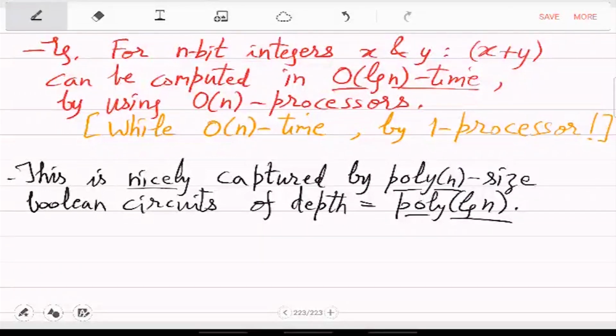Okay, so poly n size and poly log n depth. This is like time, and size is like the number of processors. And with that, we can now formally define what is called the NC class. Okay, NC is the nickname of Nicholas Pippenger, who is credited with studying this for the first time.